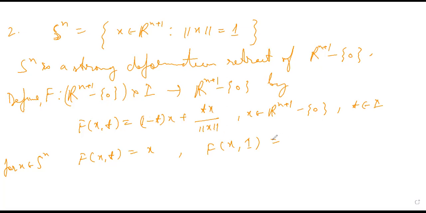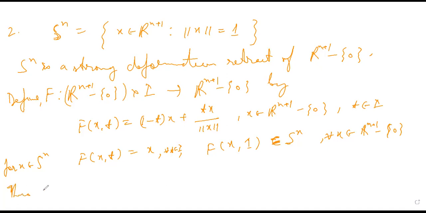So x upon norm x has norm 1, so this belongs to Sn, for every x belonging to Rn plus 1 minus 0. This is true for every t in I.